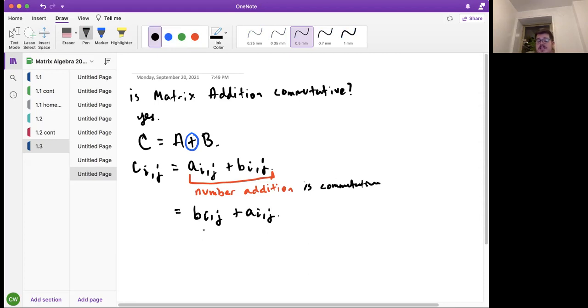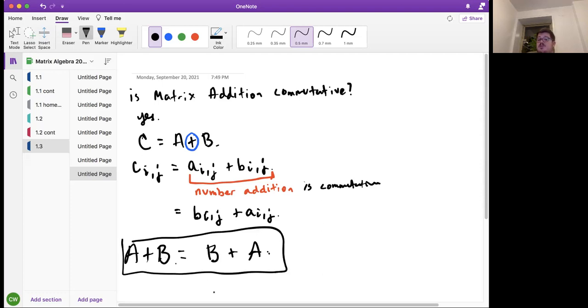Now, this is an expression for whatever B plus A would be. This is how you define how to add A plus B, but if they were the other way around, that would be the expression for how to add B plus A. So that proves that matrix addition is commutative because the entries are the same.